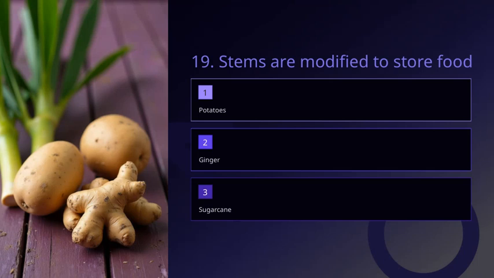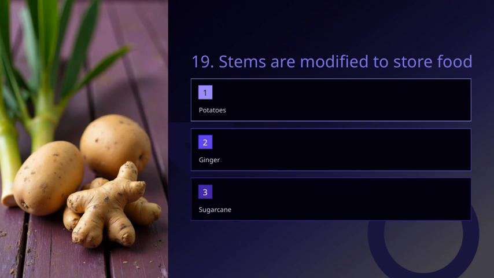Now, let's take a closer look at how stems have adapted to store food. For example, in the case of potatoes, the stem has become a specialized storage organ that holds nutrients and energy reserves. Similarly, ginger is another example where the underground stem, or rhizome, stores food that the plant can use for growth and development.